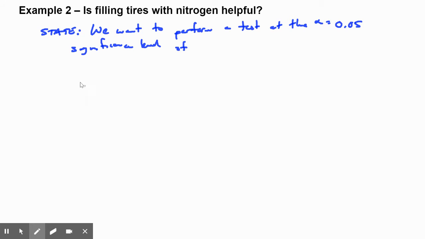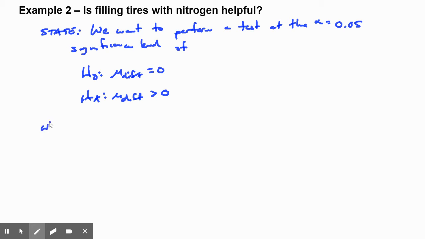Your null hypothesis for a mean difference is always mu diff equals 0. Your alternative hypothesis, mu diff: if you look at the problem, it asks whether there is convincing evidence that the air-filled tires lose more pressure on average. So we're trying to see if mu diff is greater than 0, because we are doing air minus nitrogen.